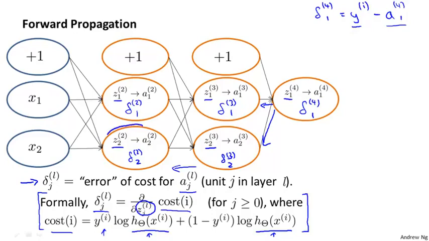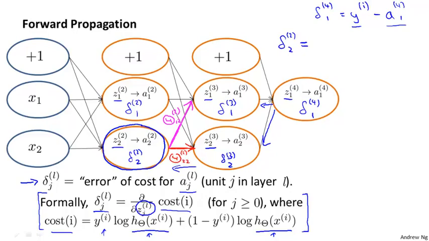Let's look at how we end up with this value of delta 2,2. Similar to forward propagation, let me label a couple of the weights. This weight, which I'm going to draw in cyan, let's say that weight is theta 2 of 1,2. And this weight down here, let me highlight in red, that's going to be theta 2 of 2,2.